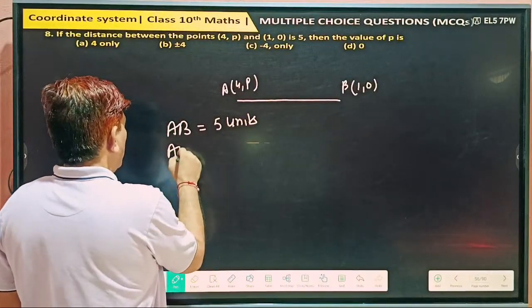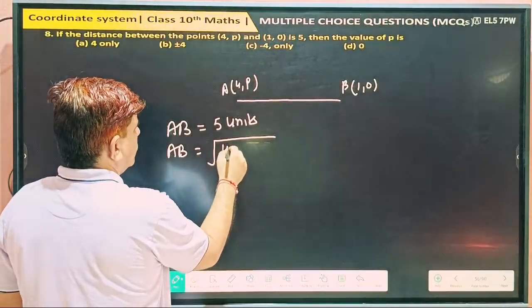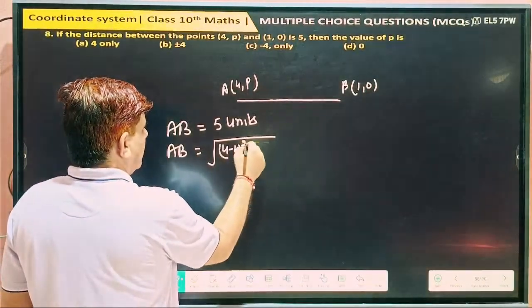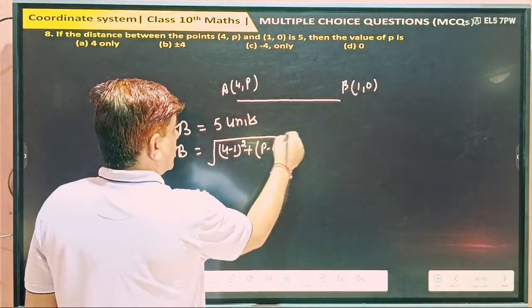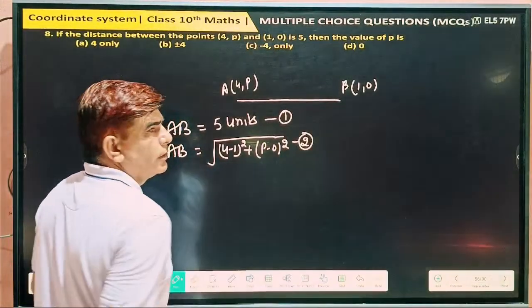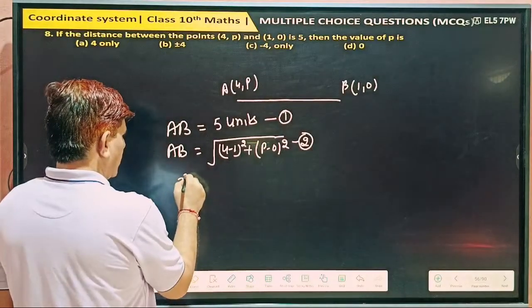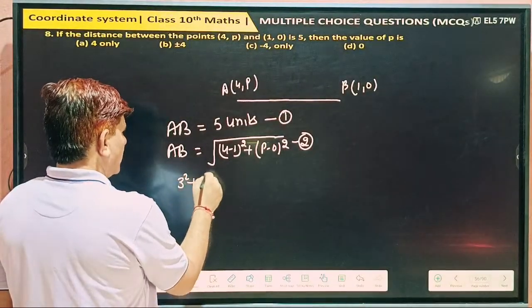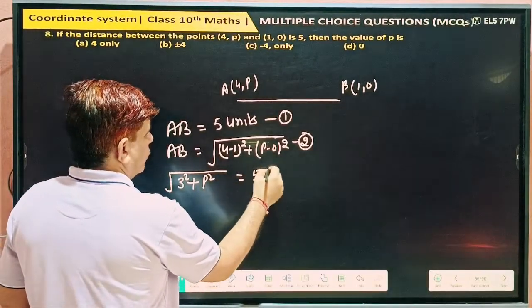And AB according to the distance formula is the square root of (4 minus 1) whole square plus (P minus 0) whole square. This is your first, this is your second. Both are equal. So we can say the square root of 3 square plus P square is equal to 5.